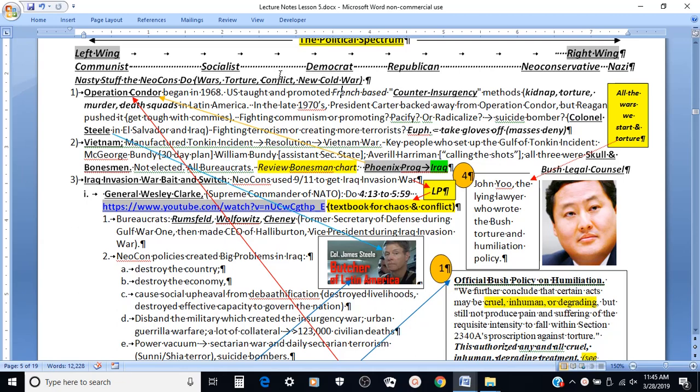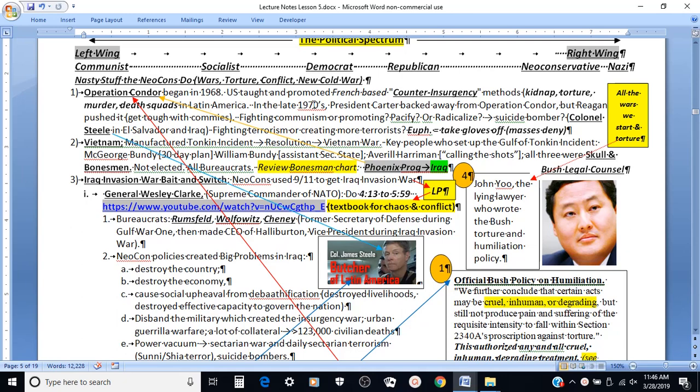They taught very heavy-handed counterinsurgency methods, much of which were French-based. The French were doing this for a long time to protect their colonial empire, to put down indigenous revolts. We used a lot of the same methods. These methods involved kidnap, torture, murder, death squads, and they were used in Latin America.